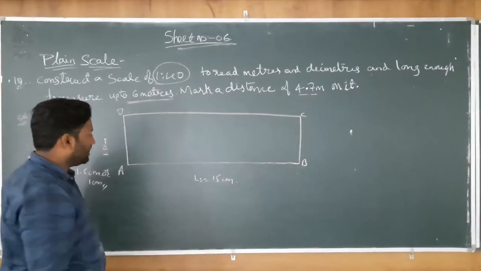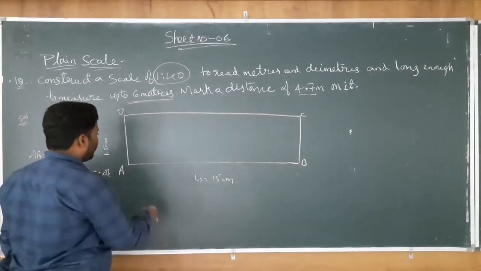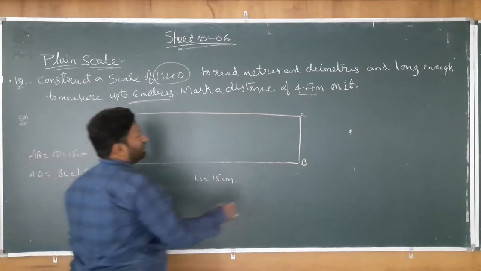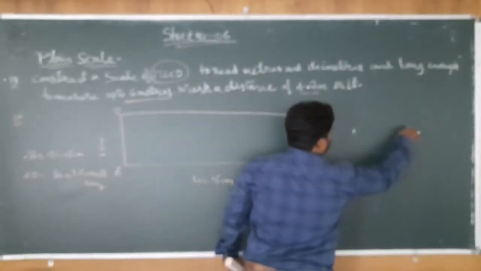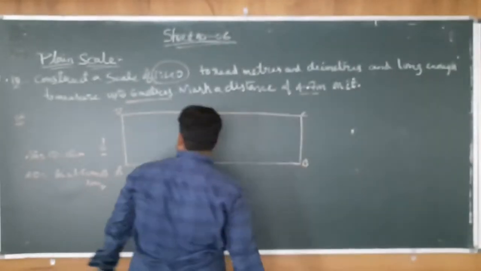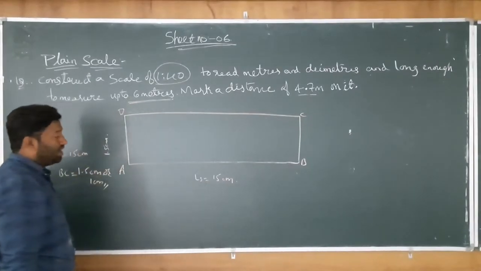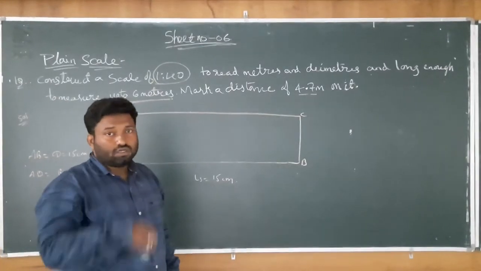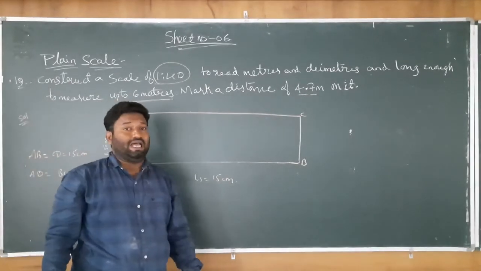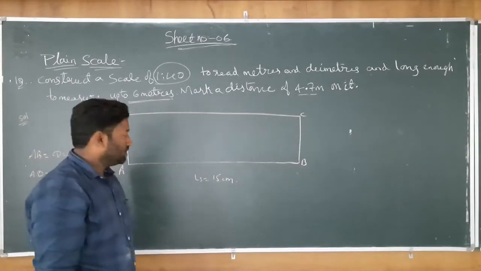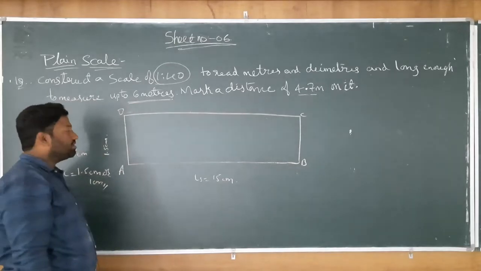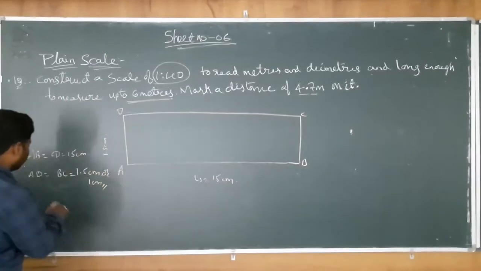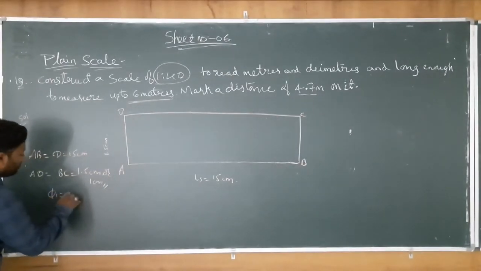So here the length of the scale, 15 centimeters, is there, so we have to divide that into 6 equal parts. For that we have to draw an inclined line by making an angle theta. In this, theta should be greater than 0 and lesser than 90. So here the first theta 1 we are taking as 30 degrees.